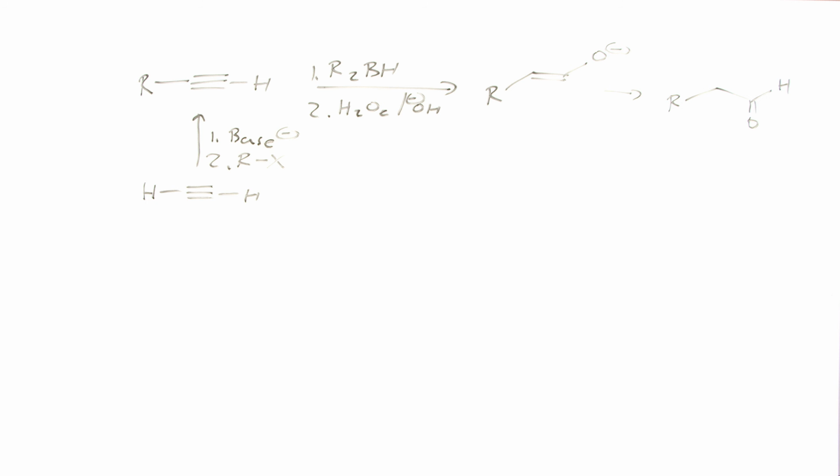Complementary to this from the alkyne. Okay, oxymercuration is going to give me the complementary enol, which after tautomerization is going to give me a methyl ketone from a terminal alkyne.